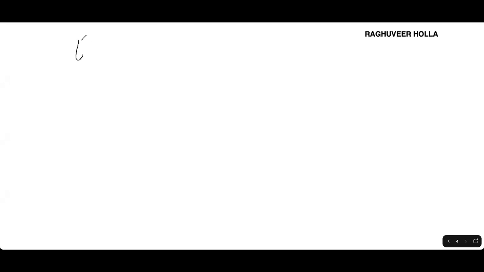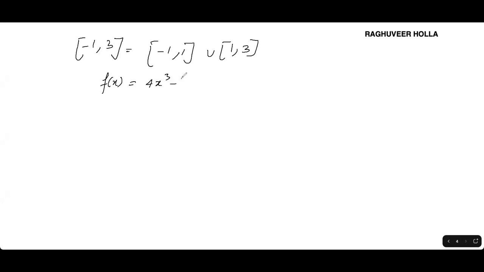Let us consider the interval -1 comma 3, which can be written as -1 comma 1 union 1 and 3. So the function f of x is 4x cubed minus 12x.